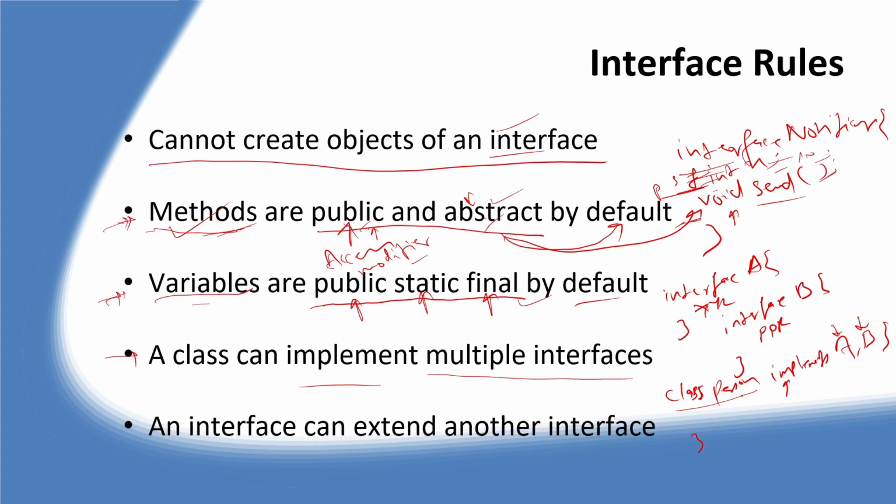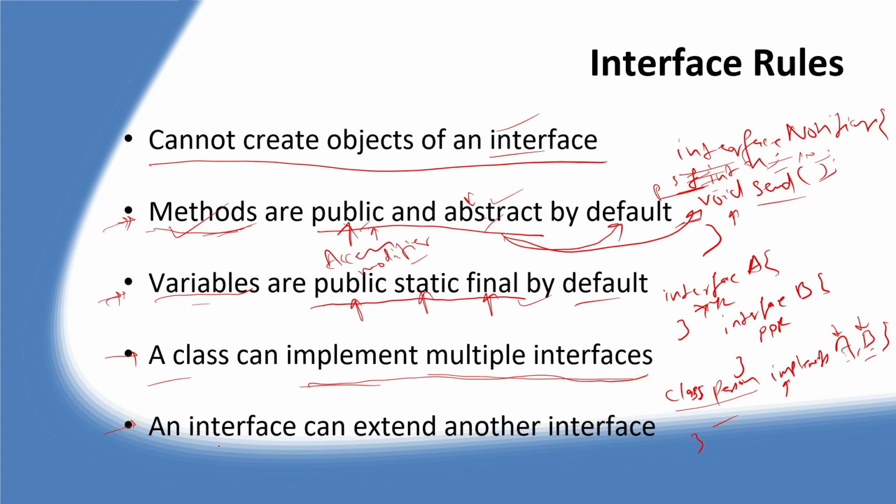So class Person has to provide method implementation for all methods present in interface A as well as B. For both interfaces, whatever number of method declarations there are, the Person class has to provide method implementation, the method definition. By this we can achieve multiple inheritance also. I will explain it to you. I hope this is clear: one class can implement multiple interfaces.